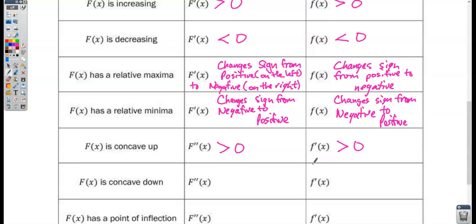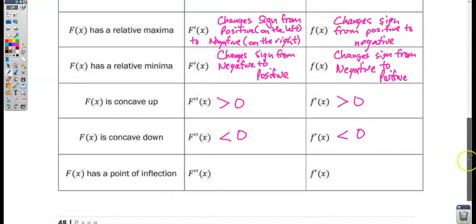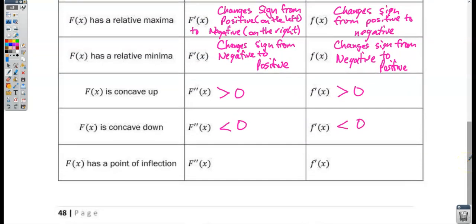And when it's concave down, that means F double prime of x is negative, which means lowercase f prime of x is negative. And if capital F has a point of inflection, that means that F double prime of x changes sign. It can change sign in either direction to have a point of inflection, so from positive to negative or negative to positive.